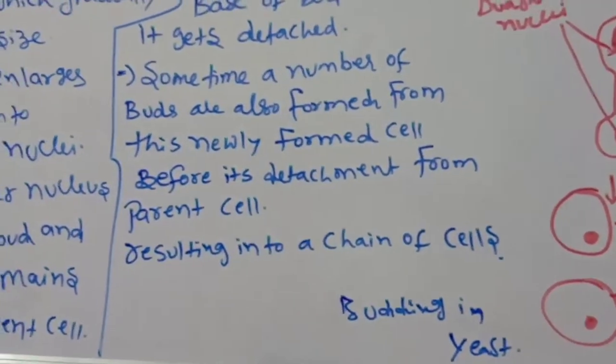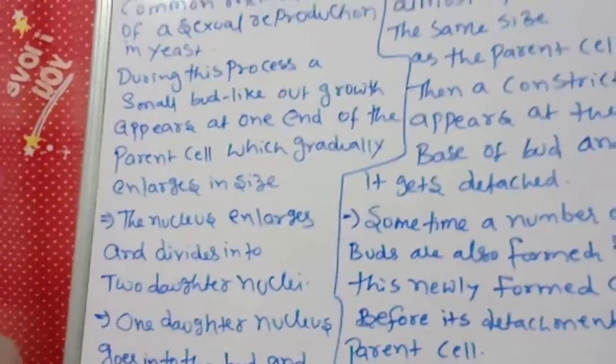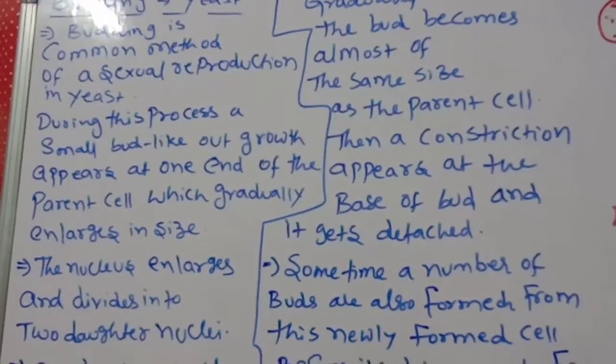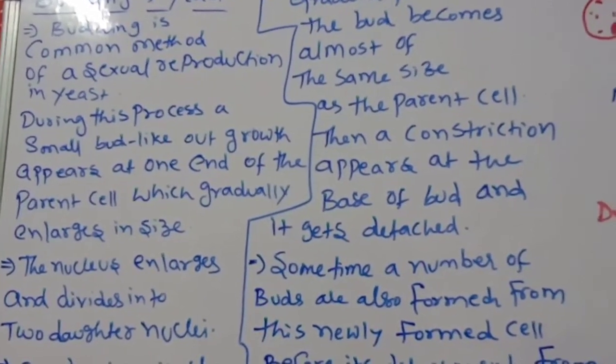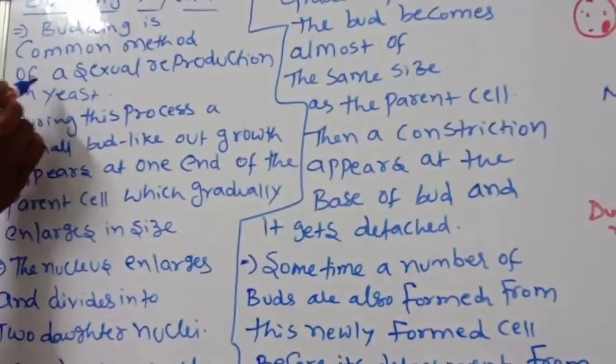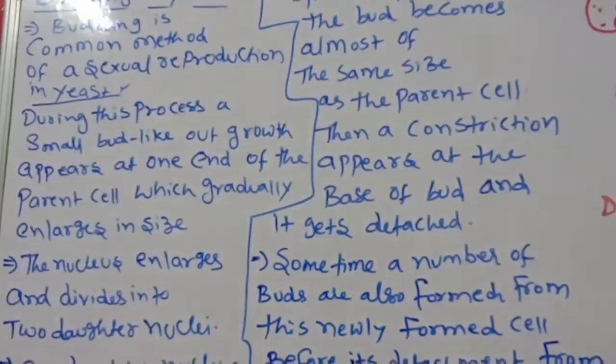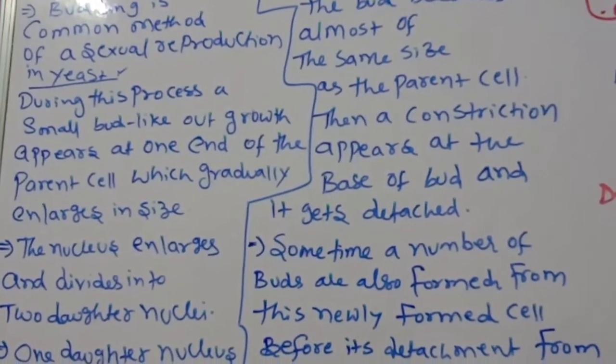Observe very carefully. We are discussing the budding process in yeast. It is a type of asexual reproduction. Budding is a very common method of asexual reproduction in yeast.